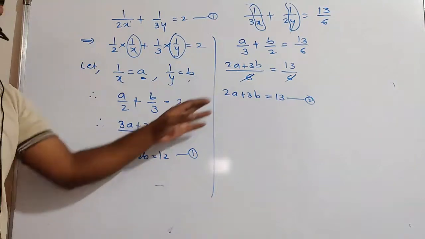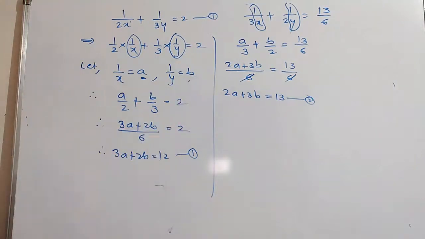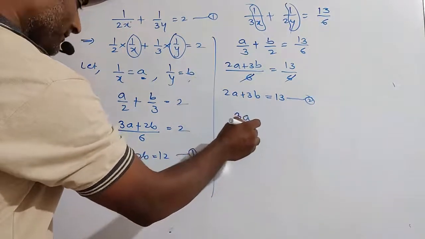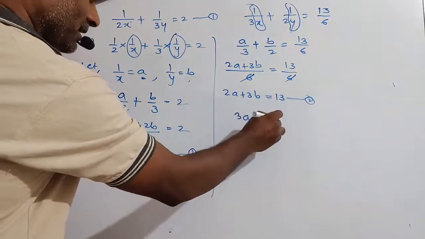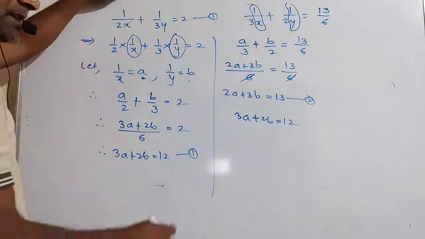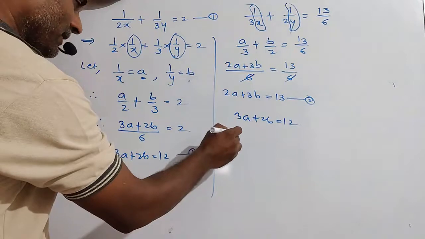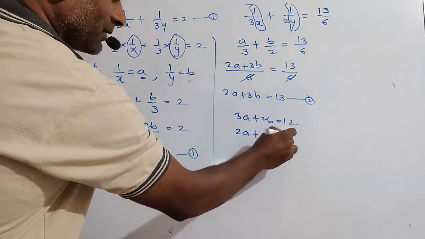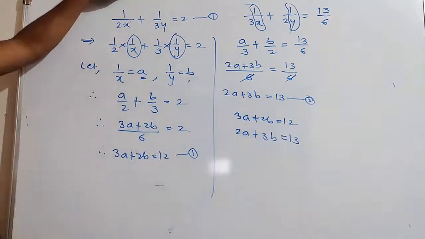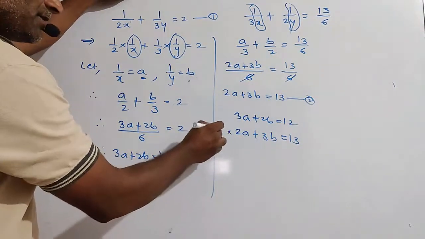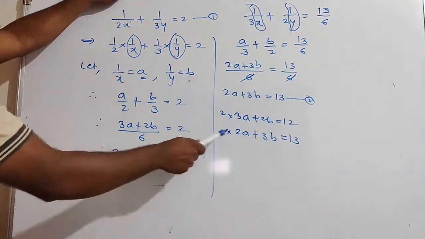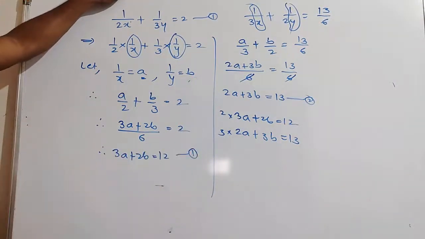Now both these equations we can solve by the elimination method or any method which is easy. So 3a plus 2b is equal to 12 is the first equation and 2a plus 3b is equal to 13 is the second equation. Here we will multiply the first equation by 3 and the second equation by 2, crossing these coefficients.